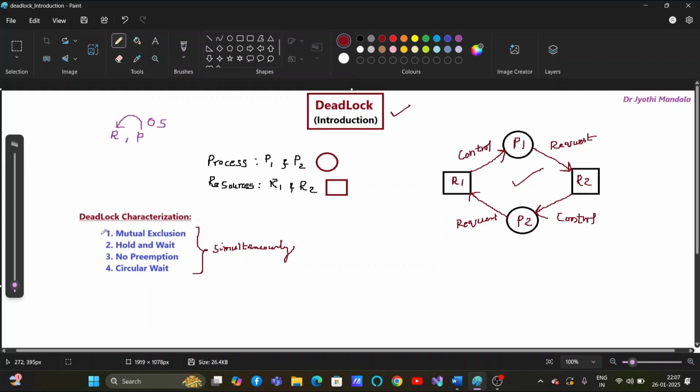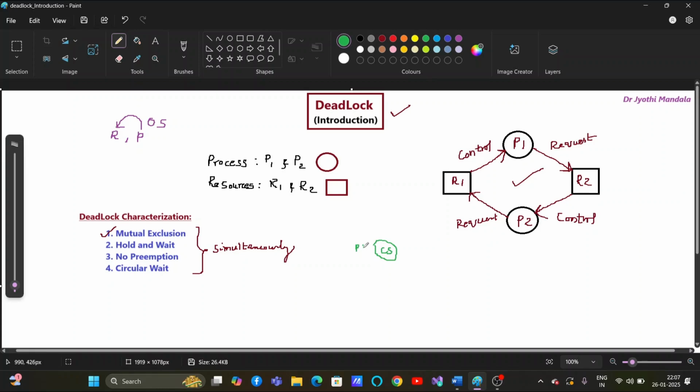Okay, now what are these conditions? Let us see the first one, mutual exclusion. You've already learned about mutual exclusion as part of shared resources. Do you remember shared resources? What we learned there is that the shared resources which processes want to use will be kept in a critical section. Do you remember the critical section?